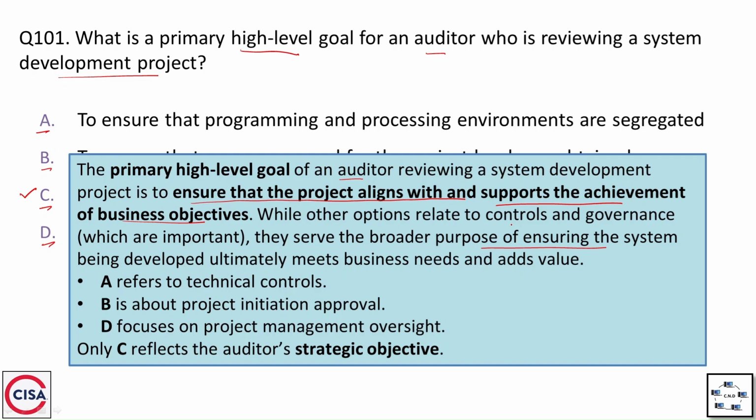While other options relate to control and governance, which are important, they serve the broader purpose of ensuring the system being developed ultimately meets business needs and adds value. Option A refers to technical controls, B is about project initial approval, and option D focuses on project management oversight, so only C reflects the auditor's strategic objective.